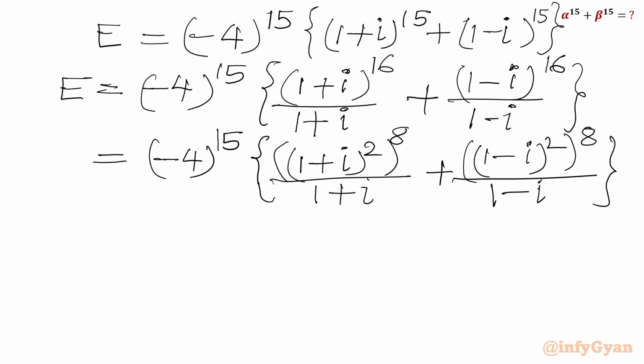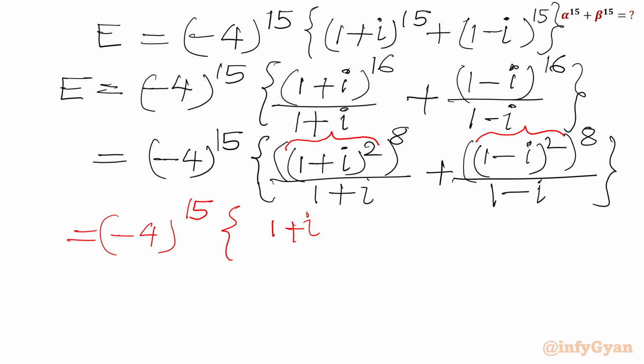Now we will use the a plus b whole square formula for our numerators. Here we will apply 1 plus i whole square, 1 minus i whole square. So I will write here minus 4 whole power 15. Then I will write 1 plus i square plus 2i.